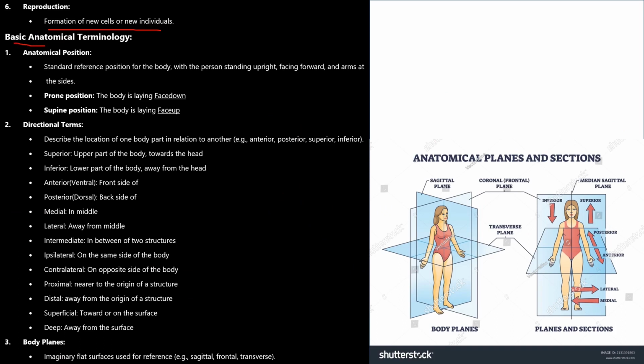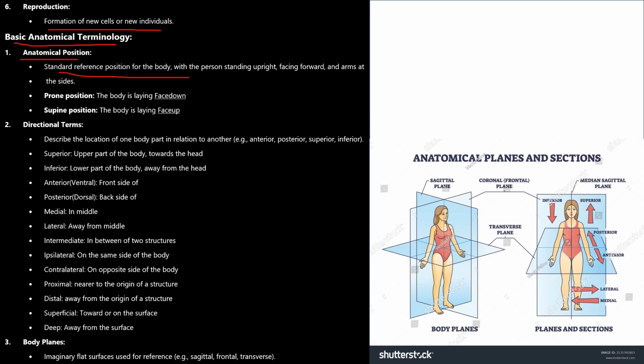Next is the basic anatomical terminology. We are going to study the standard reference position for the body, with the person standing upright, facing forward, and arms at the side, etc. This is the topic. You are going to study the planes and sections. You have already studied the transverse section and others in your PUC.